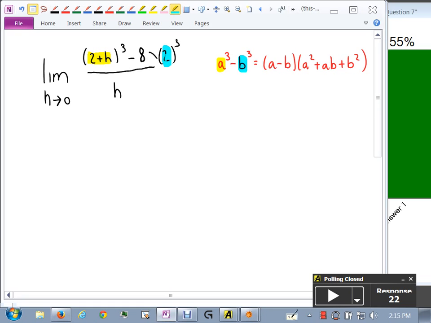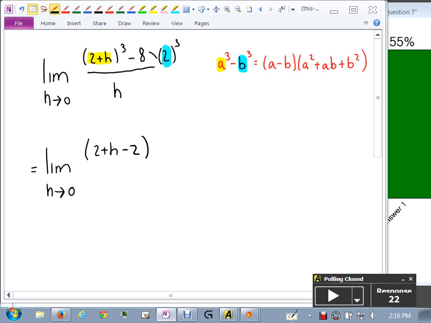You would have to look at that expression up there as being something cubed minus something cubed. The first part of it would be the 2 plus h. The second part of it would be the 2 and then cubed. I think this is the harder way personally, but it was 50-50, so I'm showing it to you. So how could I rewrite the top then? According to this right here. It would be the a. What's a again for me? 2 plus h. And then I take away b. But what's b? 2.